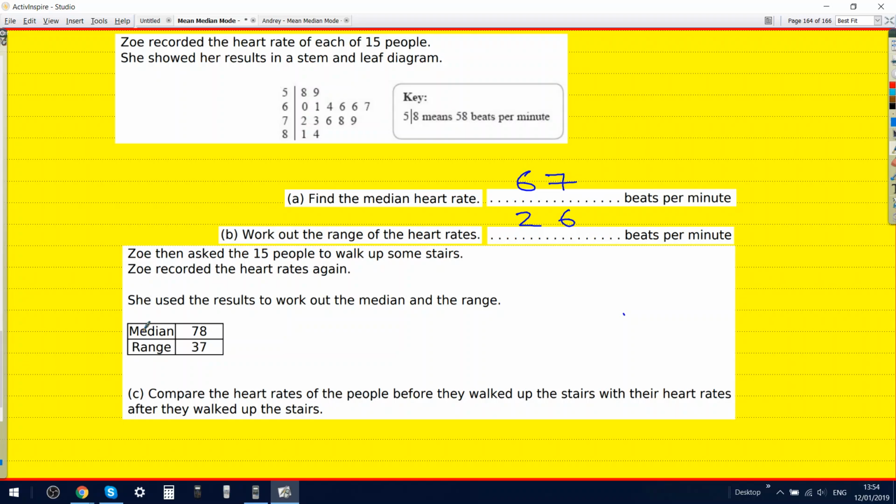So, what was the median before? What was the median after? 67 and 78. And so how would you compare the two?